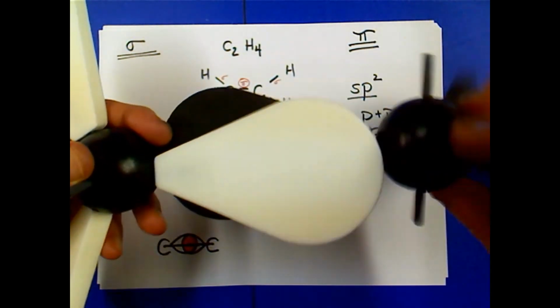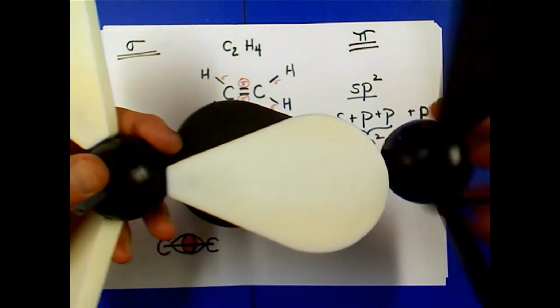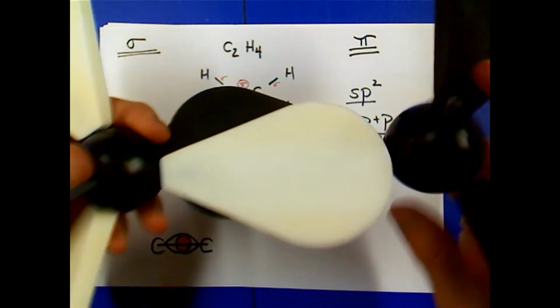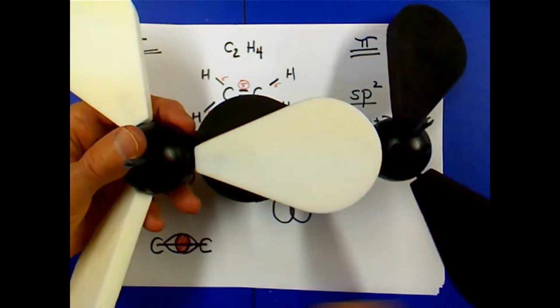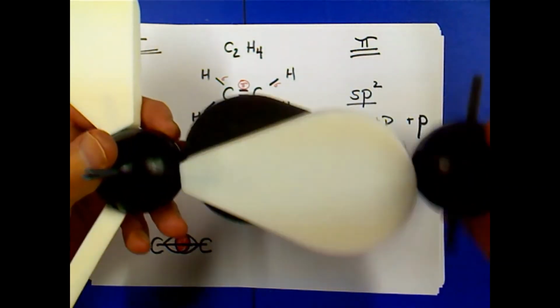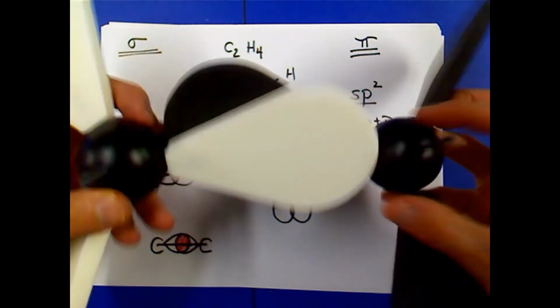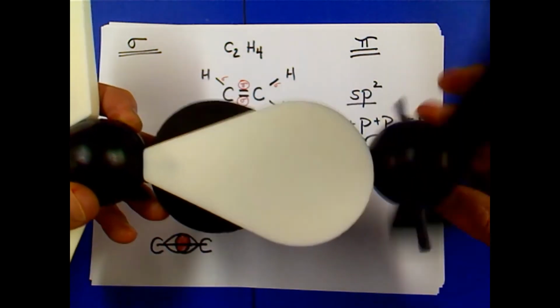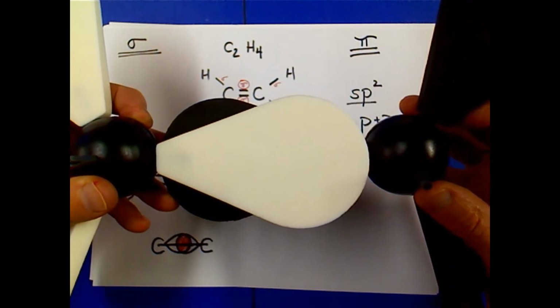I'm freely spinning around that sigma bond. And as I'm doing so, the overlap between the 2 orbitals remains consistent. And that means that I can get free rotation around a sigma bond without breaking the sigma bond. Hopefully that's pretty easy for you to see.